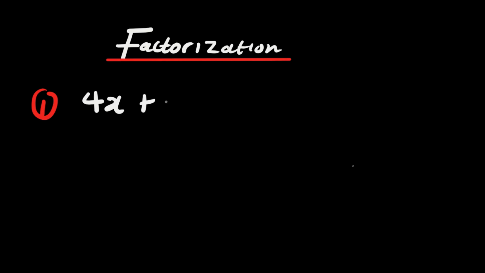Let's say now we have a question like this: 4x plus 6y. It's different from the first one, but the concept is still the same. Remember, our concept is that we find a common factor, and with that common factor we divide the whole expression.